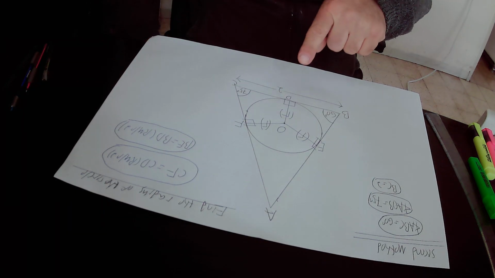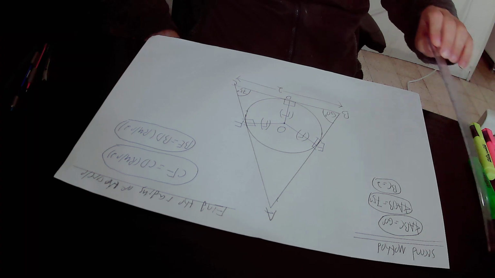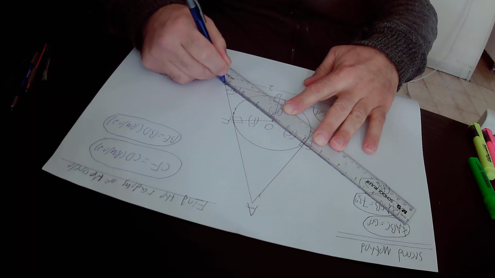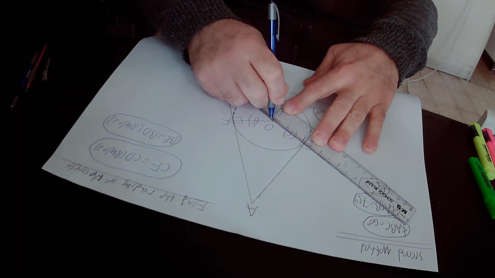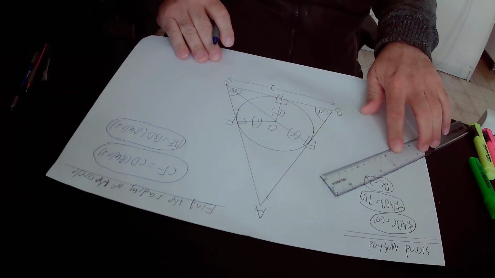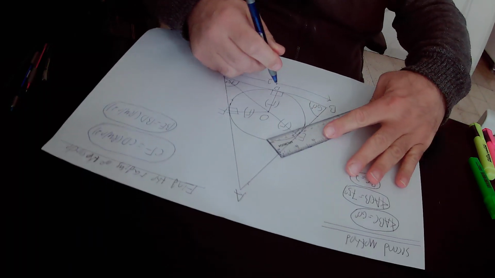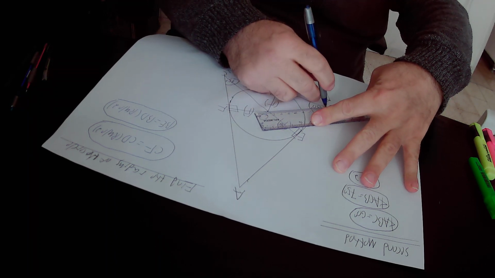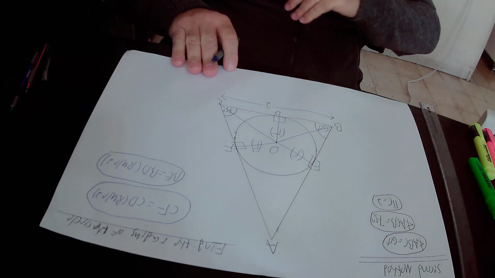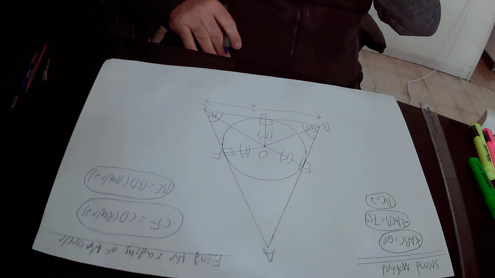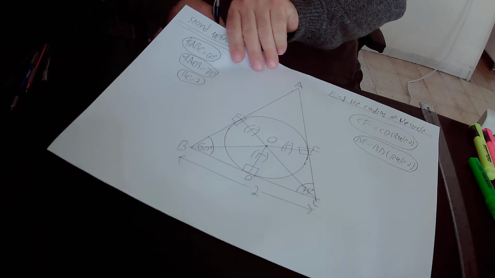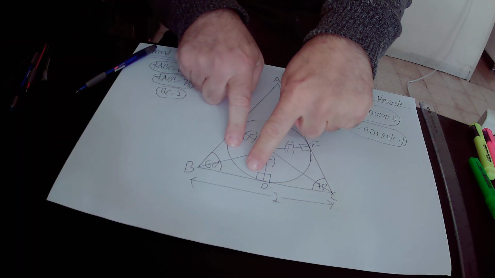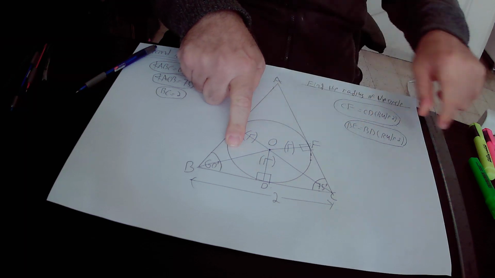In the next step, we join points O and C together by a straight line. And we join points O and B together by a straight line. And we will prove that those two right triangles can go into each other.